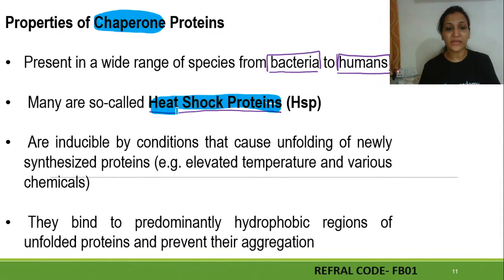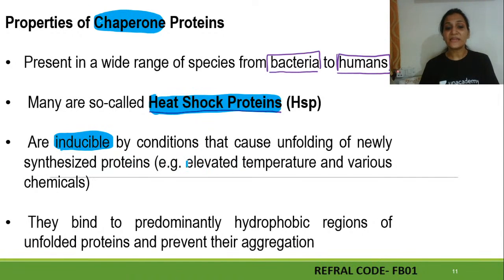What do we mean by heat shock proteins? It means that they are inducible, or they can start playing their actual function, when there are conditions that cause unfolding of newly synthesized proteins.